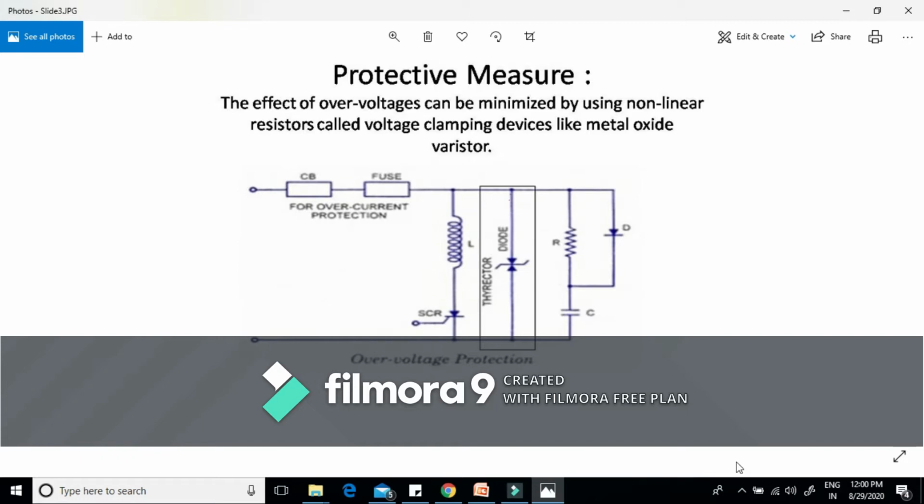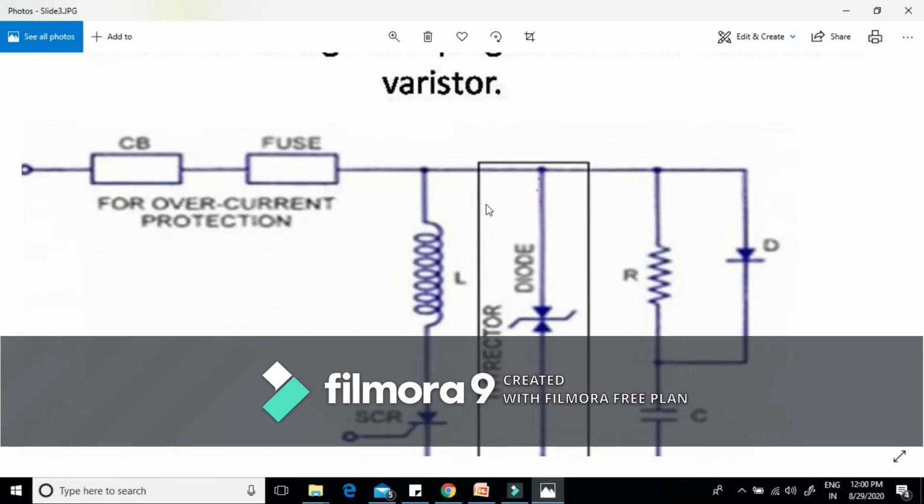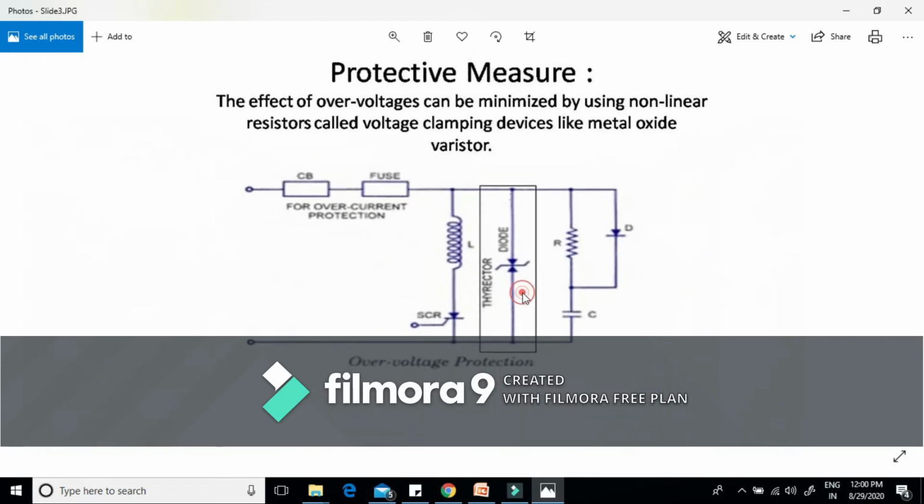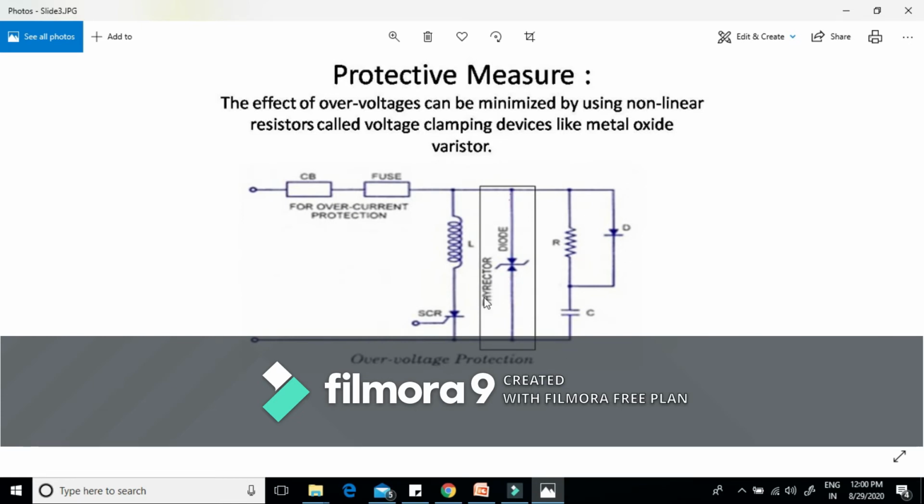For protection against these overvoltages, we are using this highlighted part, that is, varistors, which means non-linear. We are using these varistors, or voltage clamping devices, and the most commonly used voltage clamping device is the metal oxide varistor.